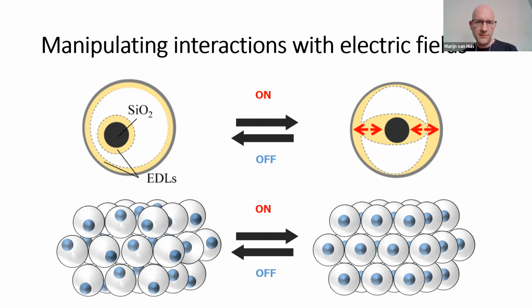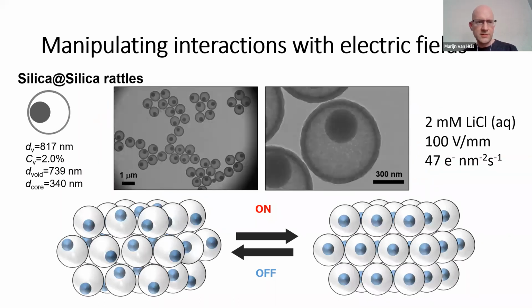So when the electric field is on or off, so in the off situation, the movement is random. Maybe it's confined a little bit at the center, but in principle, it's random. When the electric field is on, you can make them move in a parallel motion or in an orthogonal motion, or you can also find conditions where it's again random. I'll show that in a minute. So for this, we have used silica rattles. So here the cores are also made of silica.